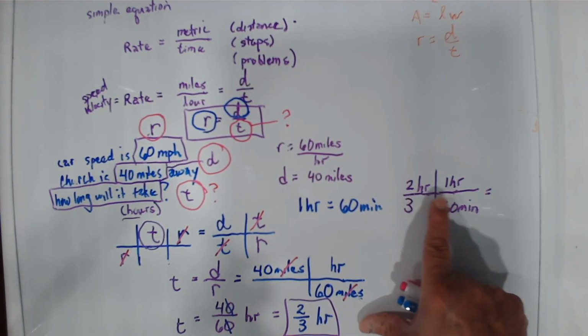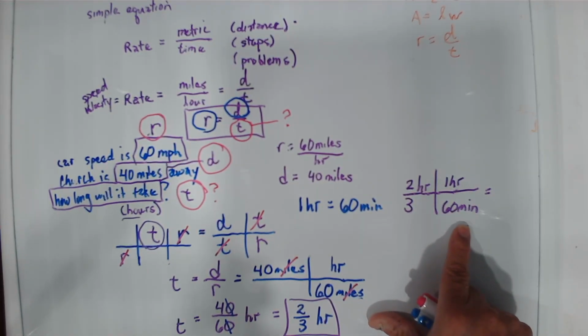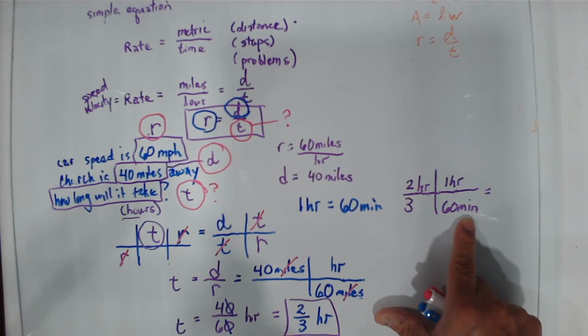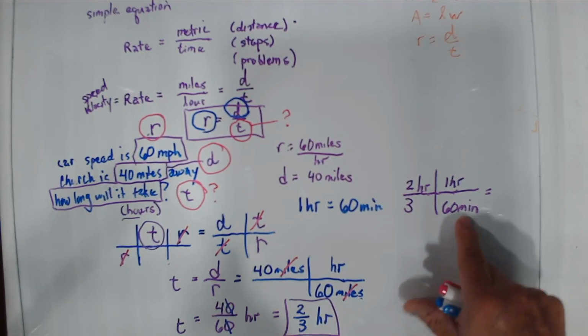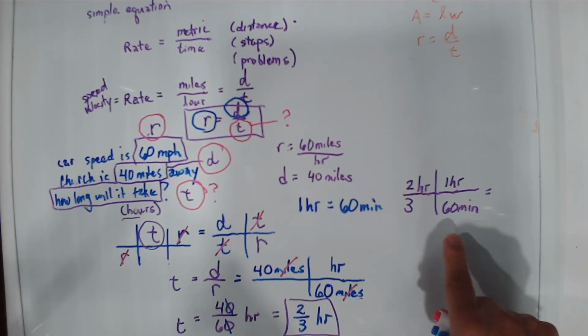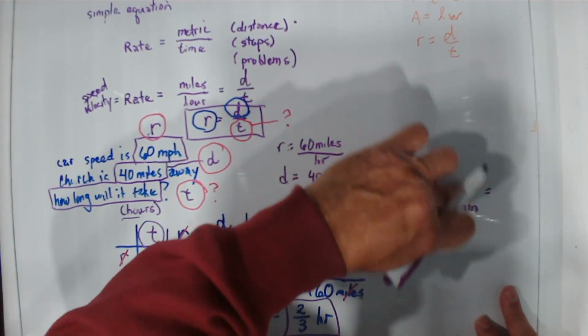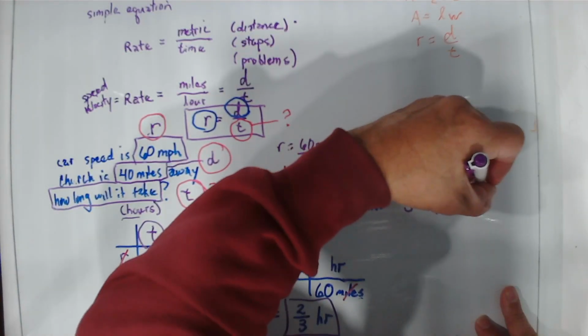I got hour and hour on top. Well, that would make my units hours squared divided by minute. That doesn't seem right because I want to get minutes. And I put minutes on the bottom. If I wanted this to convert to minutes, I would want to put the minutes on top. Okay, so I don't think this is right. So let's turn it around.